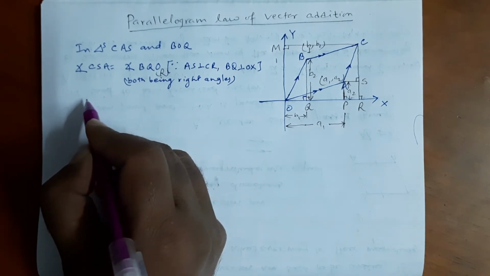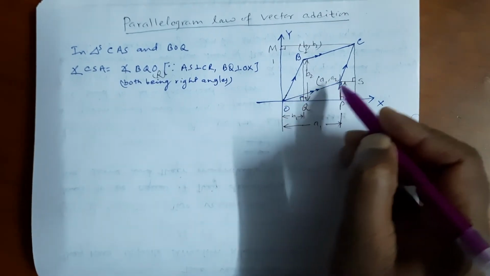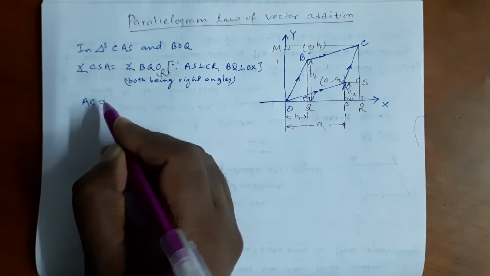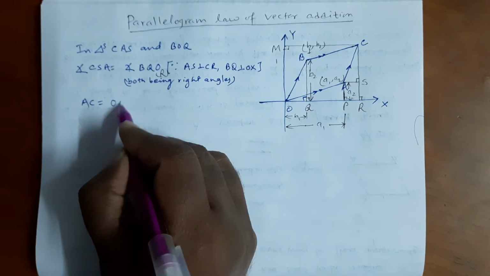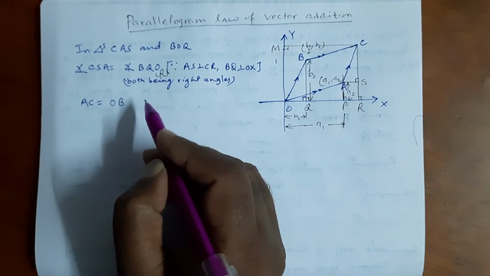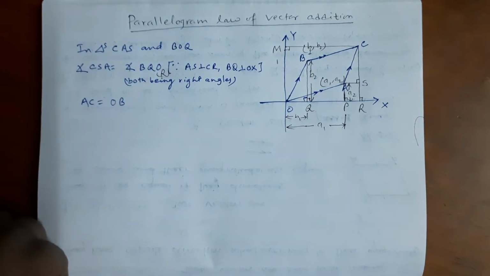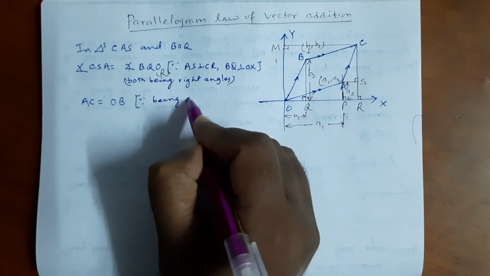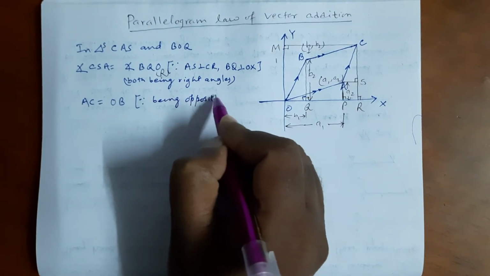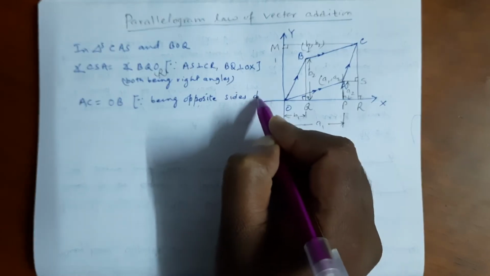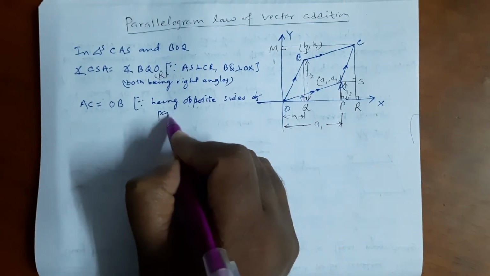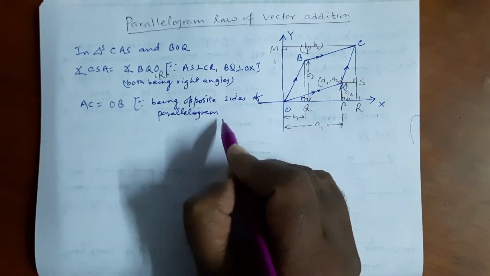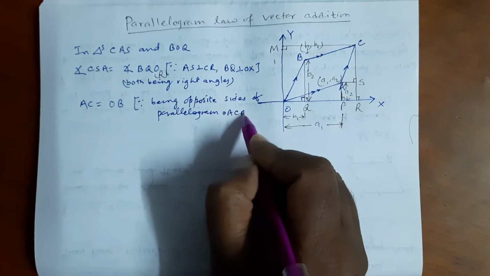In these two triangles, AC equals OB, being opposite sides of the parallelogram OACB.